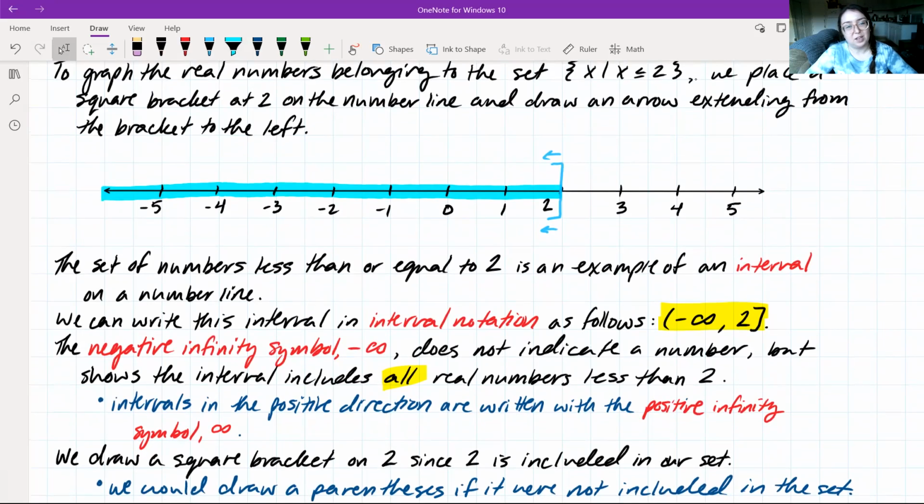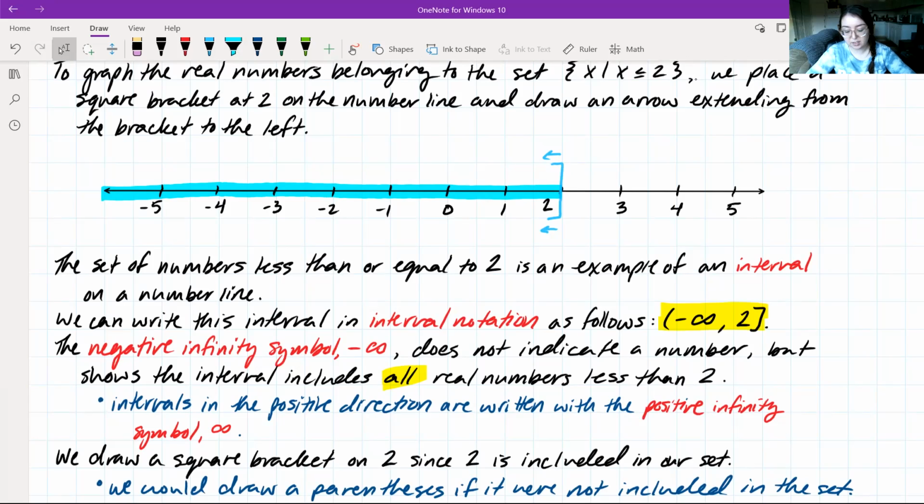So whenever you have infinity, you have to give it a round parenthesis, but we include 2, so we give it a square bracket. And we write it in this form with our lower number, comma, higher number. The negative infinity symbol does not indicate a number, but shows the interval includes all real numbers less than 2. So once again, it's not a real number. We're just indicating any possible number less than 2.